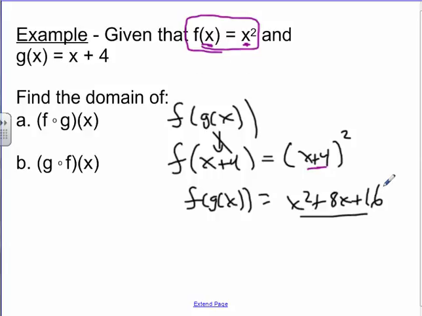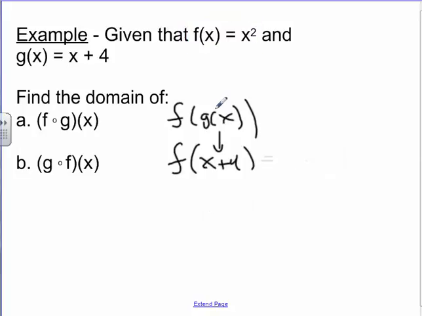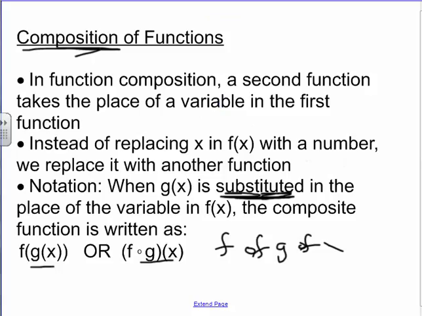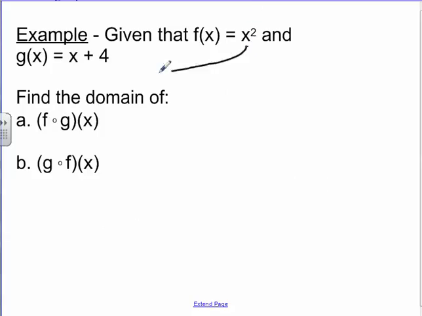Now that's one way of substituting, where I take this and put it inside there. But I can go the other way, and that's what the other notation is. G bracket f of x is what this notation means. It's g of f of x.